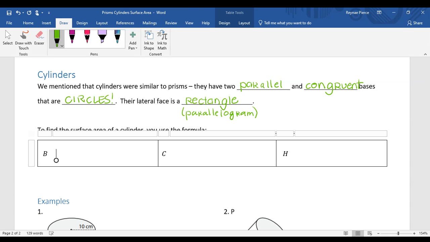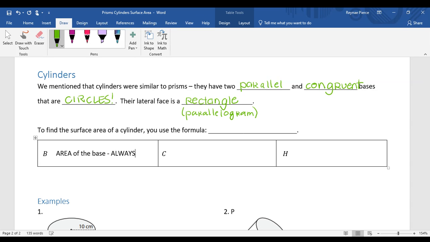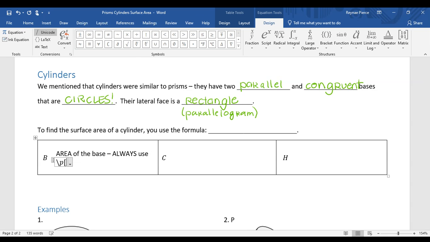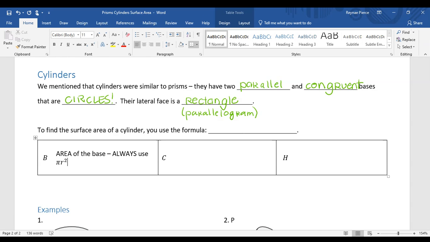Okay, capital B still stands for area of the base. All right, but since our base is always a circle, to find the area of the base, we will always use pi r squared, because that is how we find the area of a circle.